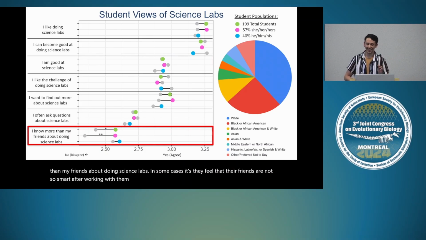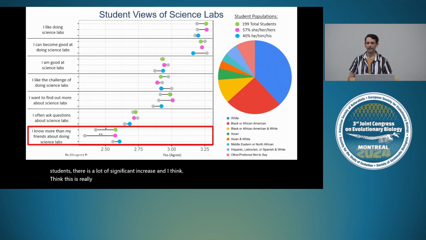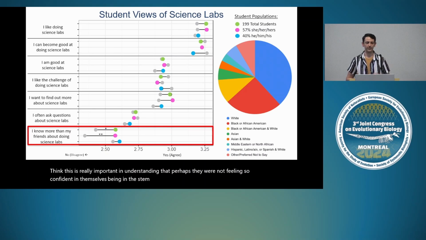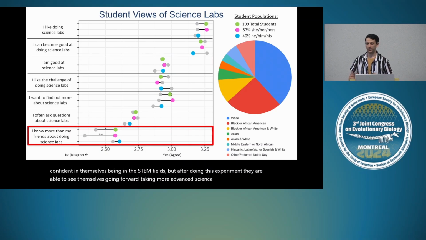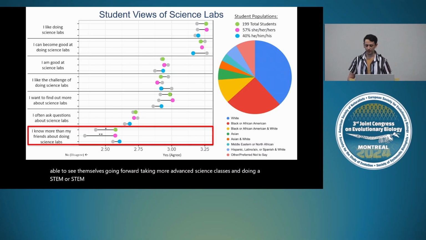But I think particularly with female identifying students, there is a significant increase, and I think this is really important in understanding that perhaps they were not feeling so confident in themselves being in the STEM fields, but after doing this experiment, they are able to see themselves going forward, taking more advanced science classes and doing a STEM or STEM-related career, which is another core thing that we're trying to promote.